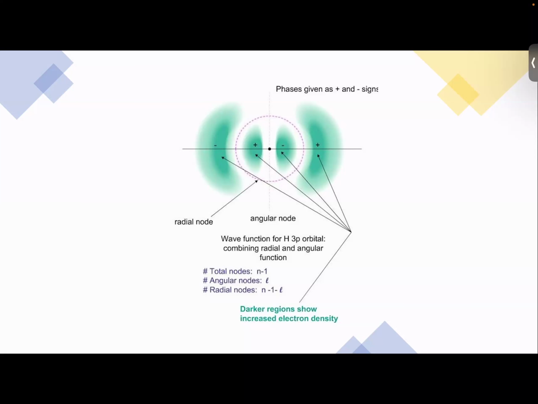The angular node exists on the XYZ axis and is associated with the nucleus. The radial node, when we think of radial, we think of radius, meaning we think of a circle. This has 1 radial node because this has 1 circular node, again, where the electron does not exist.